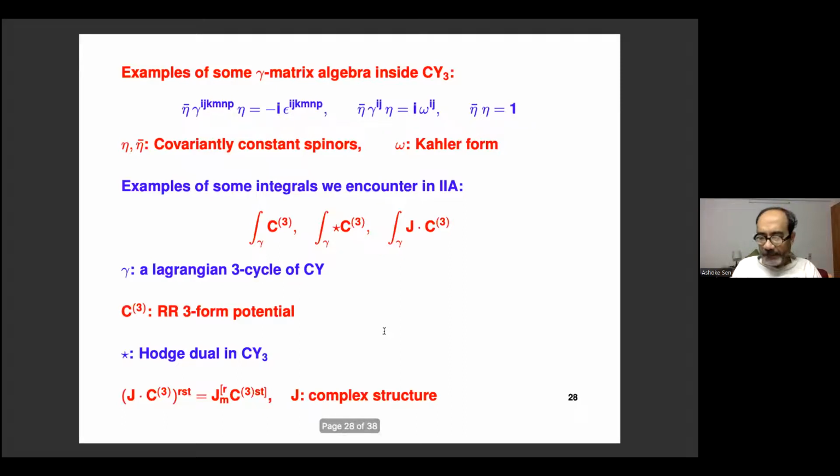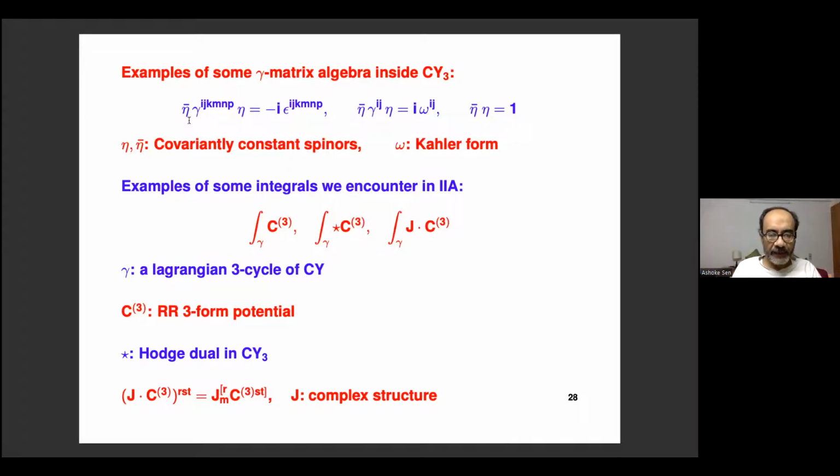Here I have just listed examples of some of the Calabi-Yau manipulations that we encountered. For example, you need these covariantly constant spinors. Why? Because the wave function of the fermion zero modes that we insert on the Calabi-Yau is given by the covariantly constant spinors, so those are needed.